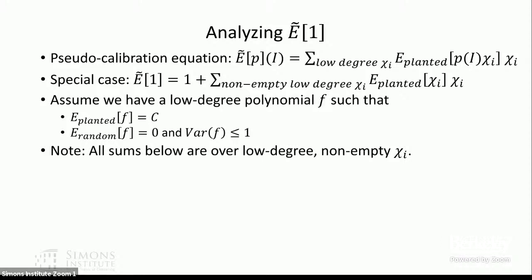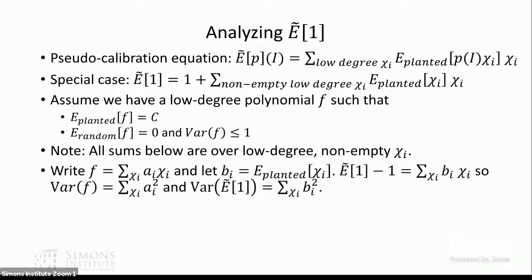So now here's the proof. And note, all sums below will be over low degree non-empty chi_I. So let's write f as the sum over I of a_i times chi_I, and let b_i be the expected value over the planted distribution of chi_I.